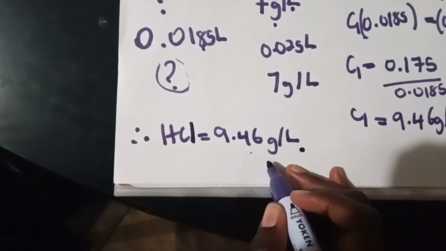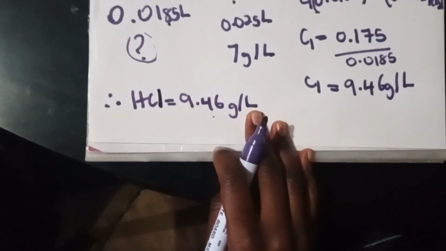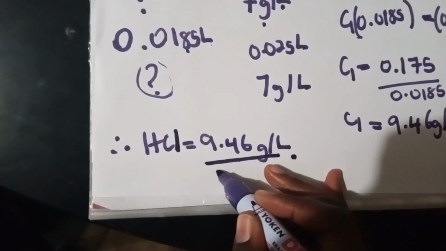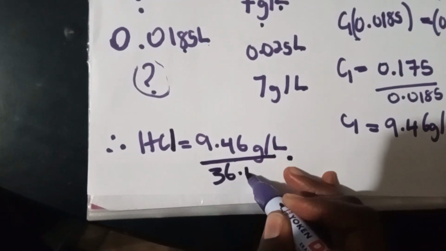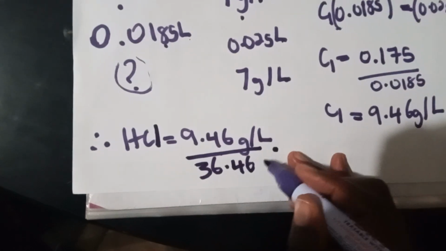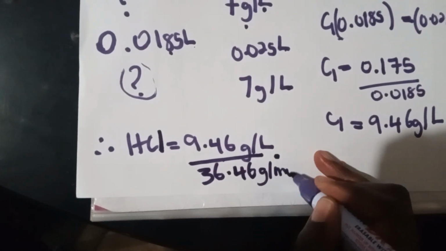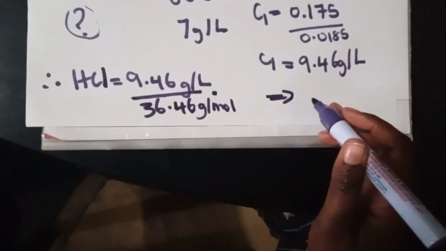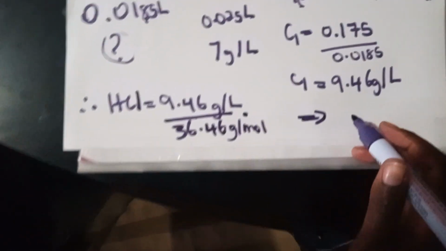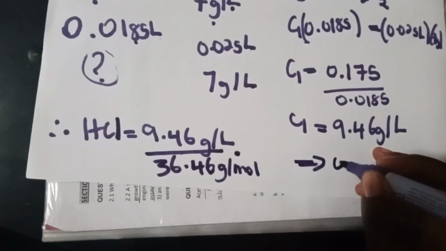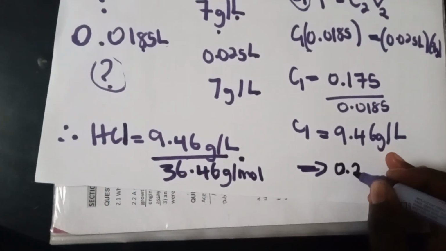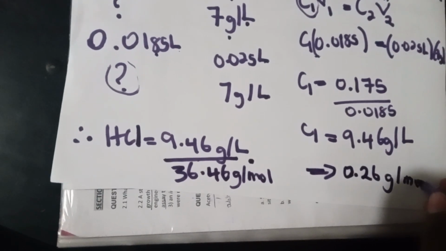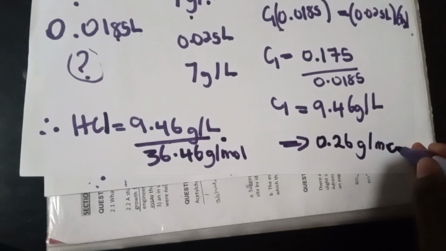The molar mass of HCl is 36.46 grams per mole. Then it will give us a concentration of 0.26 moles per liter.